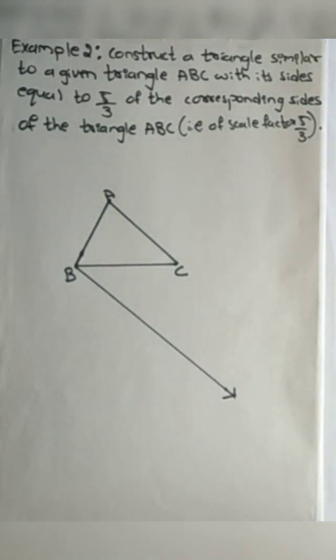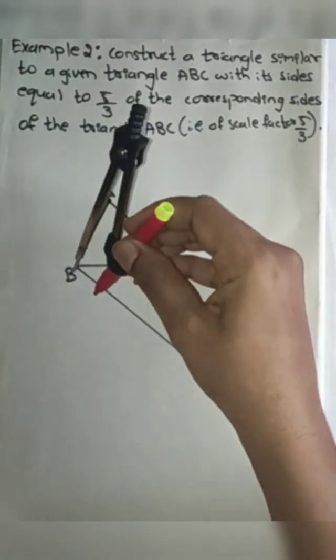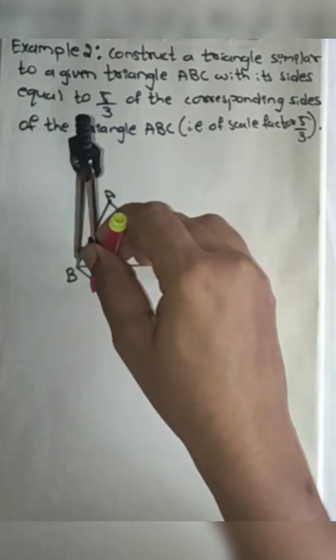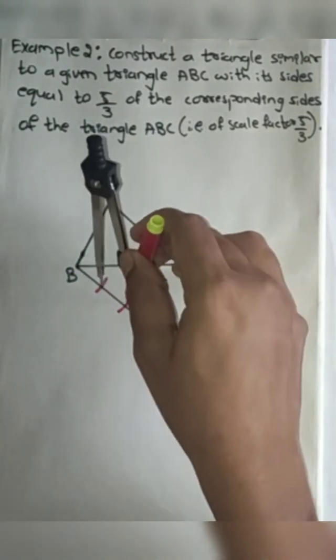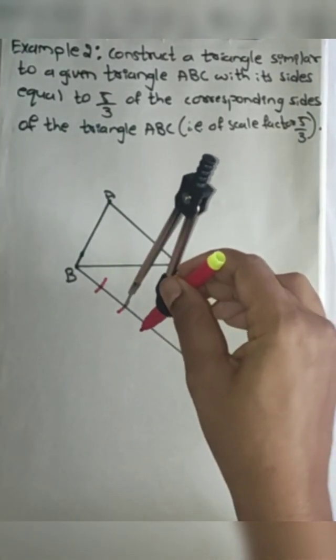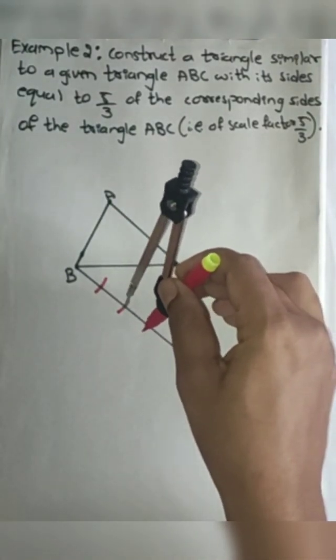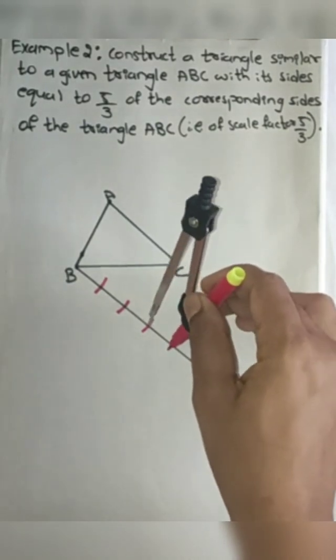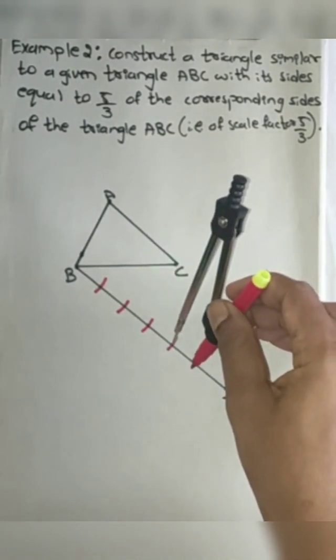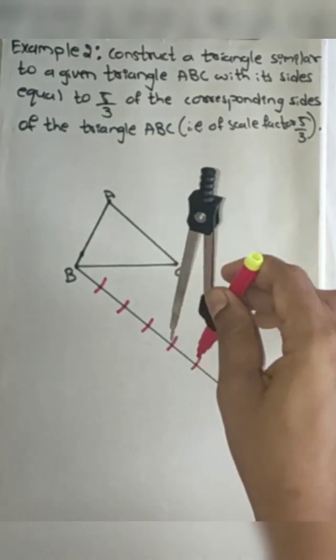Now again same procedure. Draw 5 equal arcs. 1, 2, 3, 4, 5.